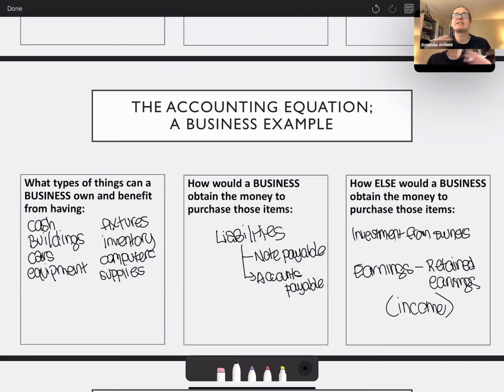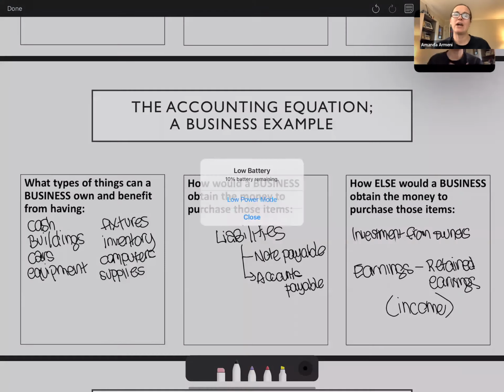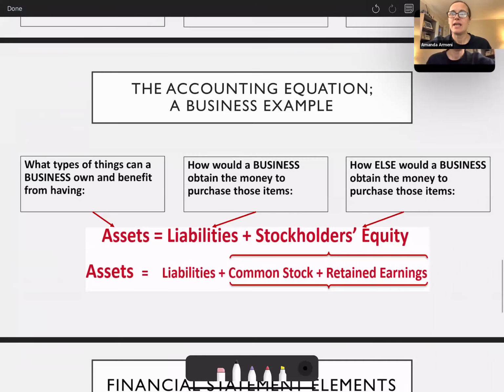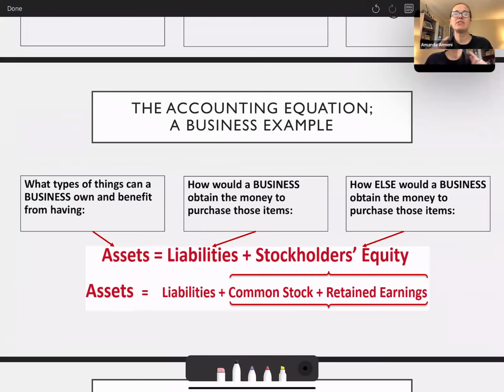So this business example leads us to understanding what the accounting equation is. The accounting equation says that anything that a business owns and can benefit from having is called an asset. And the way that businesses can obtain those assets is either by taking out a loan, having to pay it back later. We call that a liability.